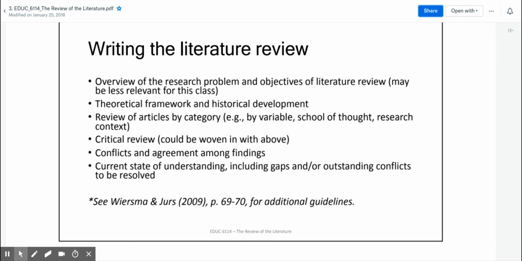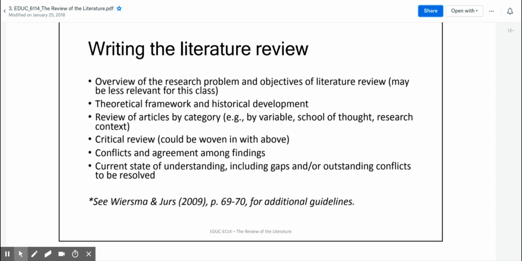Hey, this study said violence doesn't matter, but this study found out violence is very important. So you identify those conflicts. Or if every study you propose in the literature review provides consistent information, that's also important. Inconsistency is also important. It's your job to summarize those patterns nicely, right?